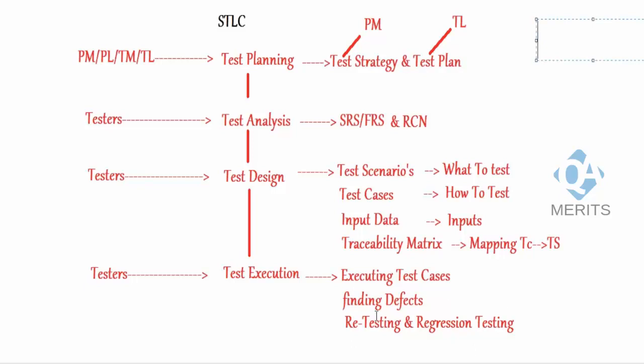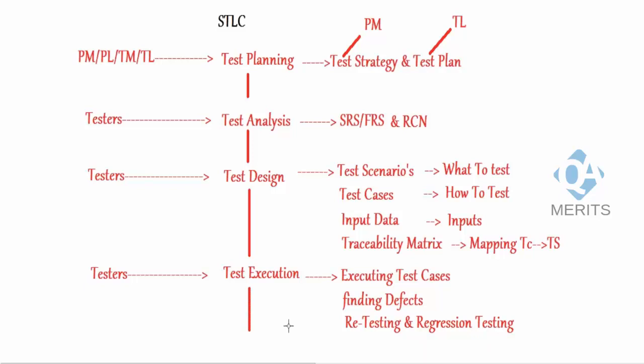Then we perform retesting and regression testing. Next, the final phase: up to this we are performing, all the test cases should be executed successfully and passed, and the major reported defects should be resolved. Like that we have to complete this execution.